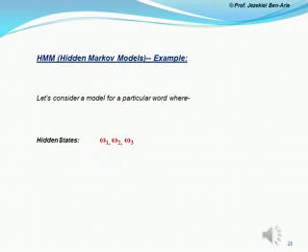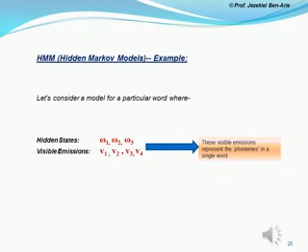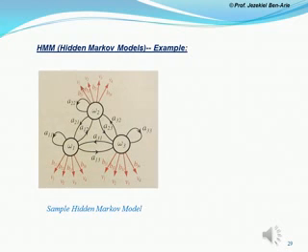At first, let's consider a model for a particular word where the hidden states are omega 1, omega 2, and omega 3. The visible emissions are V1, V2, V3, and V4. These visible emissions actually represent phonemes in that particular word. This is a sample hidden Markov model for a word that we want to recognize in speech.